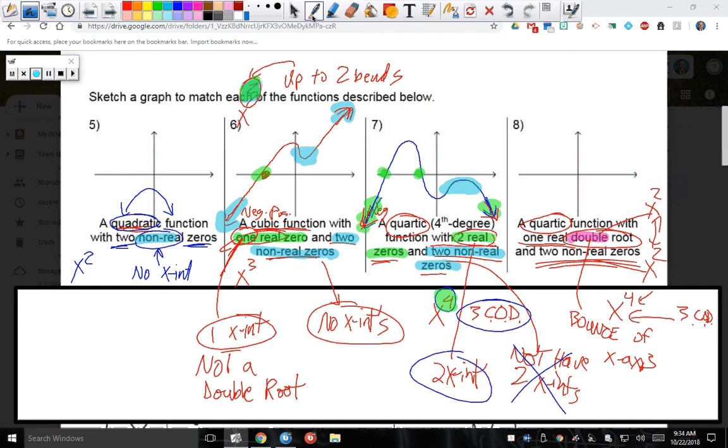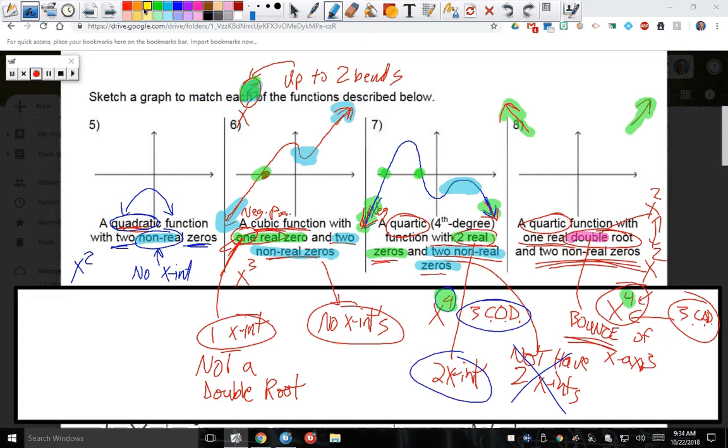So as we go to the right, it will go up to infinity. Because of the fact that this was an even number, we know that as we go to the left, we will also go to positive infinity. Now we just have to show 1 bounce, 3 changes of direction, and that's it. No other x-intercepts, because those 2 non-real zeros that we were talking about cannot actually touch the x-axis.